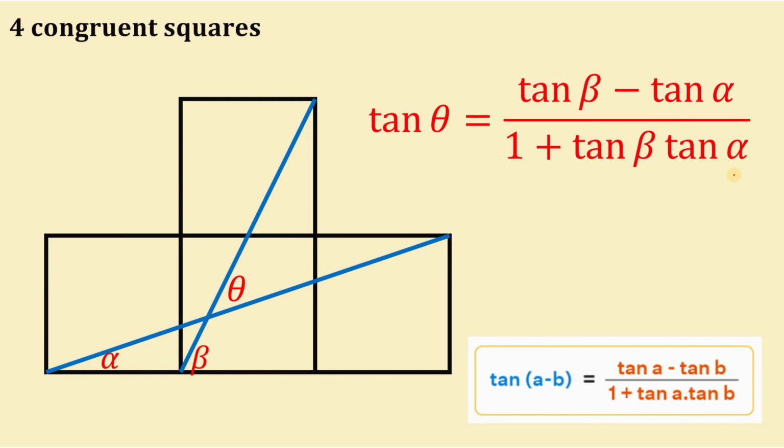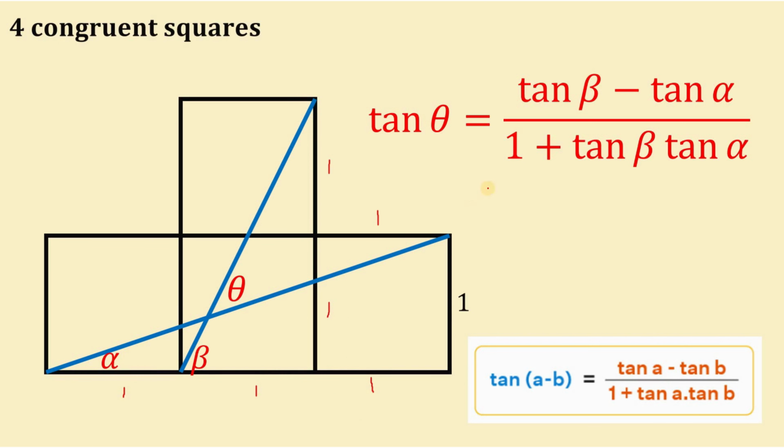So now, our goal is to solve for the values of tangent alpha and tangent beta. Without loss of generality, let's have the side length of the square be equal to 1. So all of these sides must be equal to 1. Now let's start solving for tangent alpha.